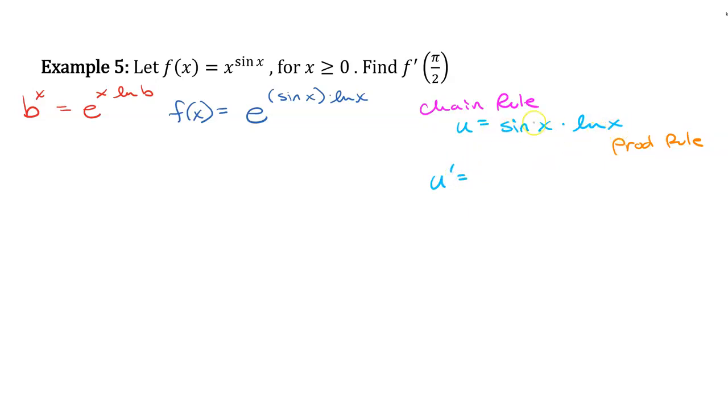So, derivative of sine is cosine times ln x plus sine x times derivative of natural log is 1 over x.